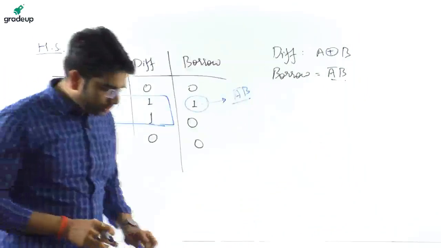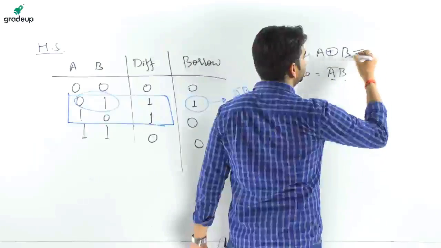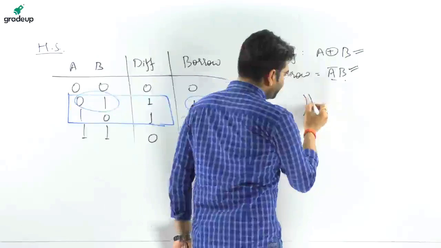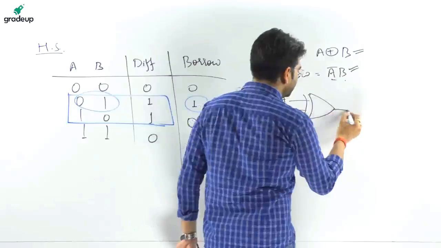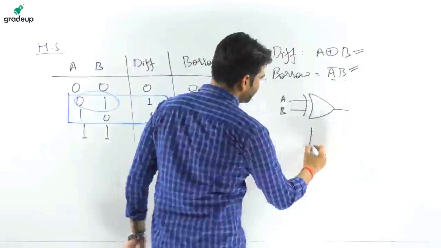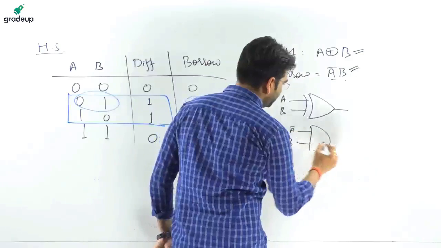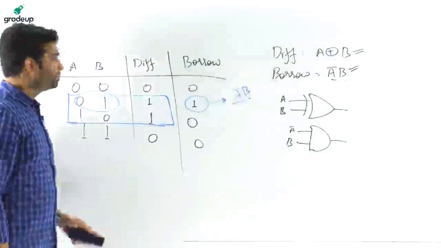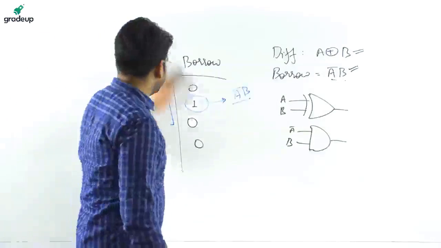Okay, now let us solve this by using gates. अभी A XOR B का तो यही आना है, A B, it will be difference. Borrow, it will be A bar B. ठीक है, it is a simple generalized thing. जो हमारे पास लॉजिक गेट्स अवेलेबल हैं, we have solved it like that.